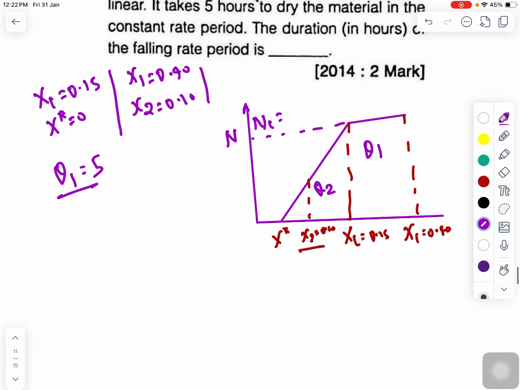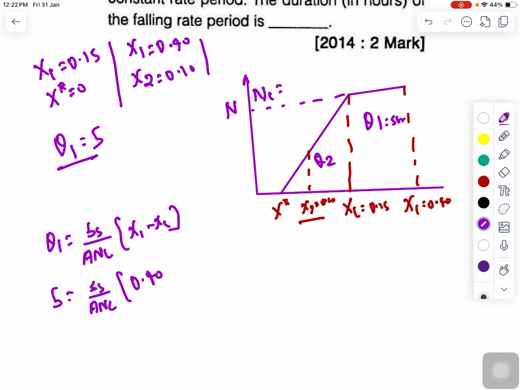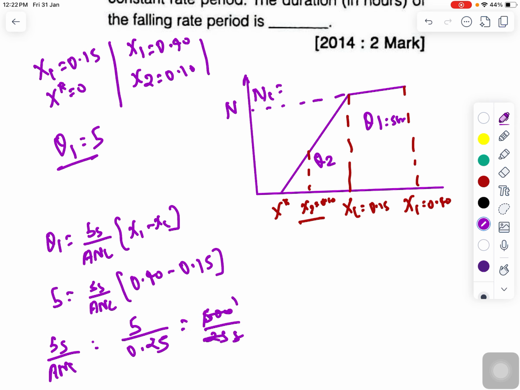Okay, it's fine. First, theta 1 is given to you, equal to 5 hours, so I can write theta 1 equals Ss divided by A Nc times (X1 minus Xc). So theta 1 is 5, and I can calculate Ss divided by A Nc, with X1 is 0.40 minus 0.15. So what is the value of Ss by A Nc? That will be 5 divided by 0.25, which is 500 divided by 25, so that equals 20.